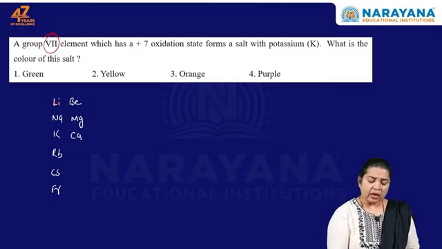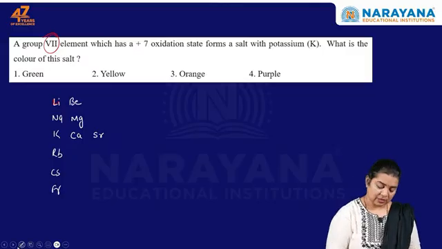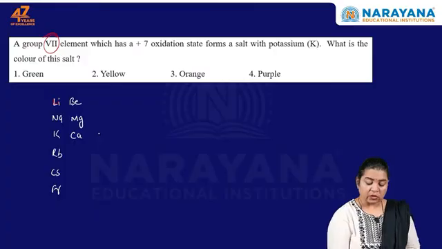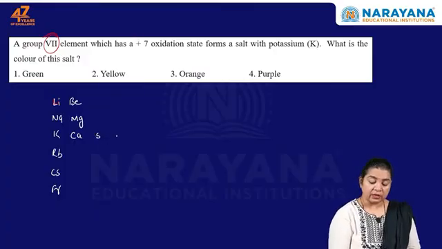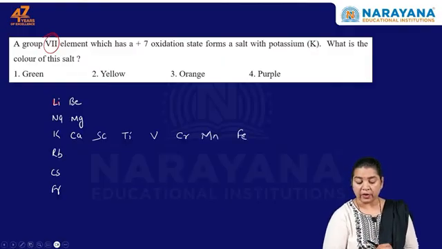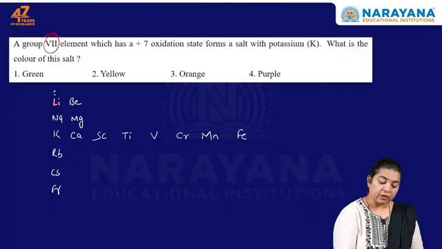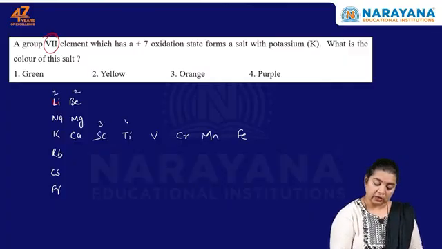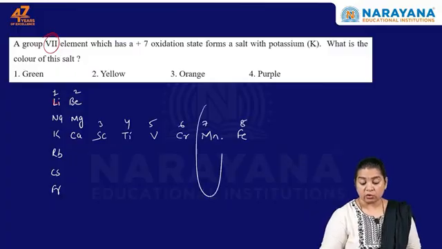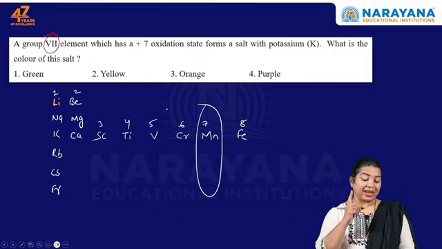Now, let us write the third group, which is scandium, titanium, vanadium, chromium, manganese, iron. Let us check the group number: first, second, third, fourth, fifth, sixth, seventh, eighth. So, we are being asked about this manganese group.